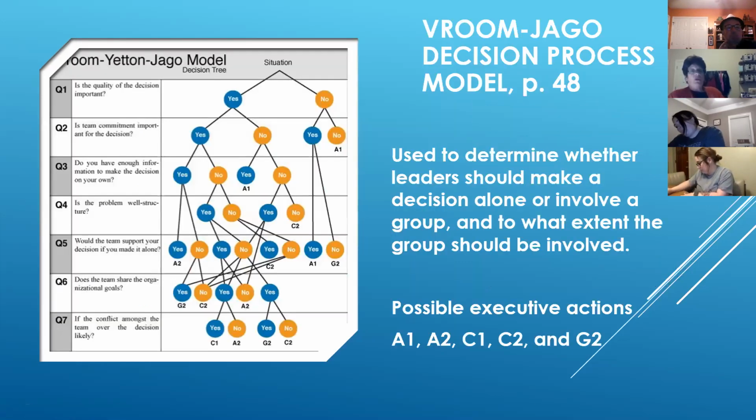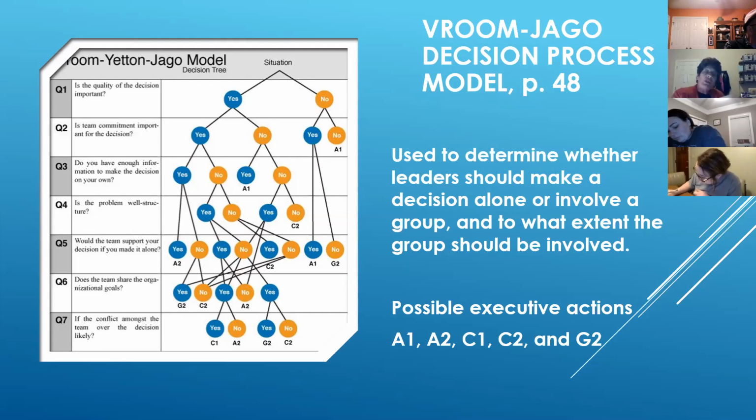The next model, called the Vroom-Jago decision process model, when you look at this graphic organizer, which is not in your text, but when you look at that, you kind of get dizzy. And very simply put, you can use this model to determine if you should make the decision alone or involve a group, and to what extent the group should be involved.